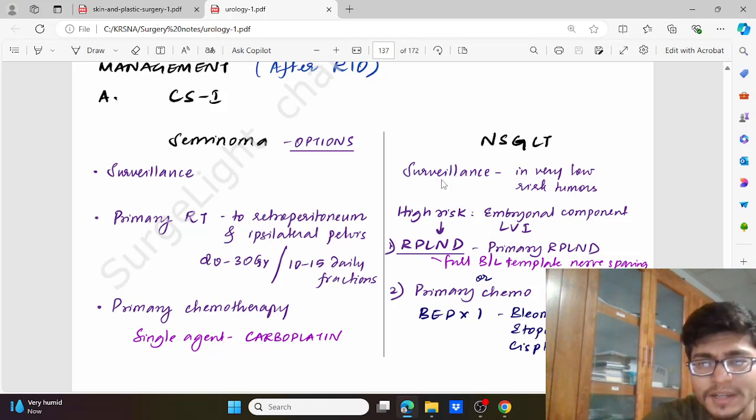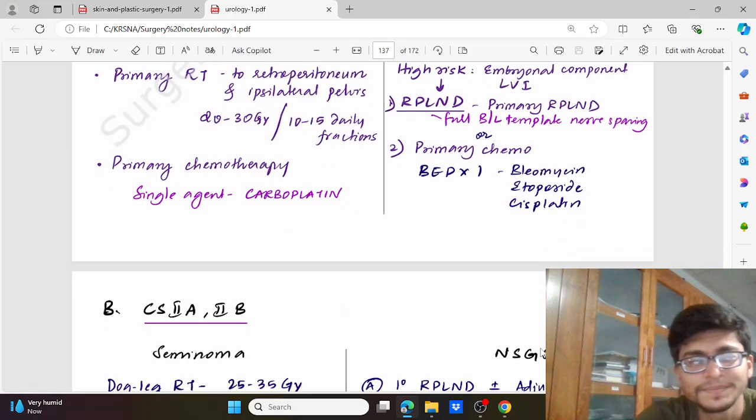In non-seminoma, surveillance, especially for very low risk tumor. In high risk, like the embryonal component or lymphovascular invasion, we go for either primary retroperitoneal lymph node dissection, that is primary RPLND with full template nerve sparing dissection, or primary chemo, that is BEP: bleomycin, etoposide, and cisplatin.